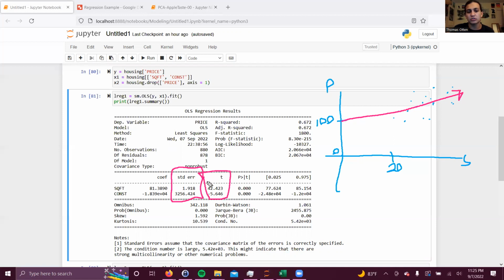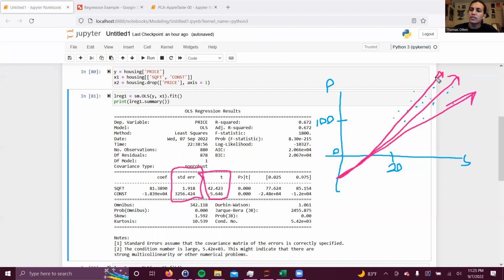But the computer's telling you, we think it's 81, but we're 95% certain it's between about maybe 77 and maybe 85. We think it's 81, 81's our best guess, but we're 95% certain it's between those two numbers.